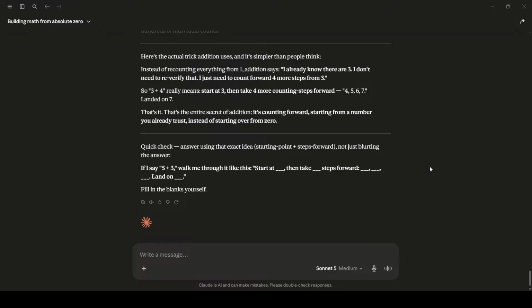So what does this mean? Let us understand. When we say, okay, start from 4, 5, remember we learned about this thing called a placeholder, or where a number sits.